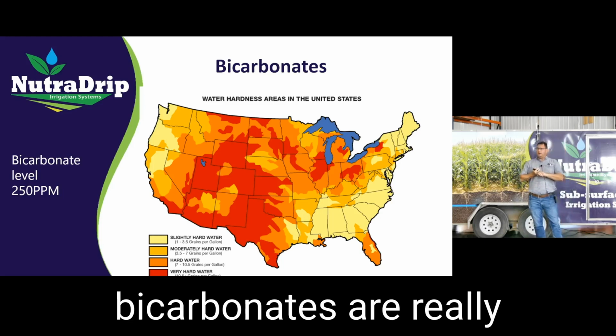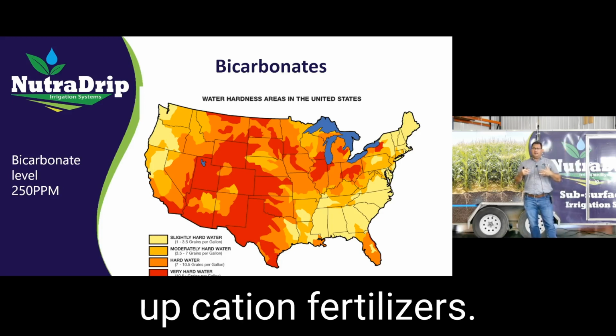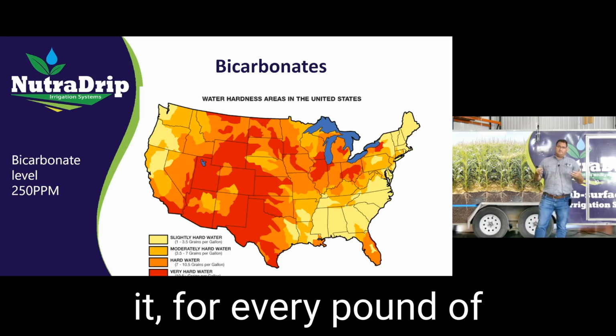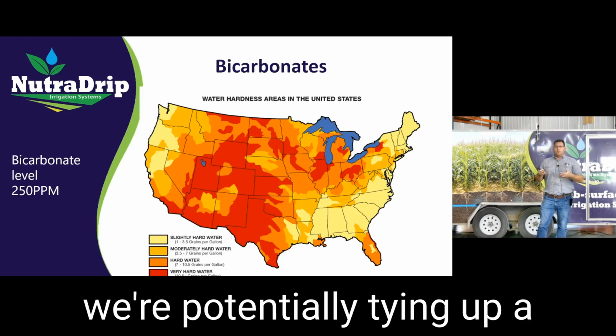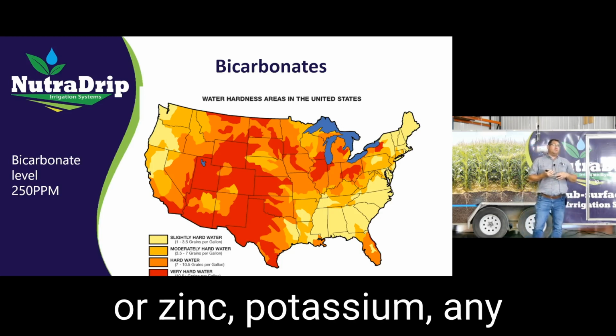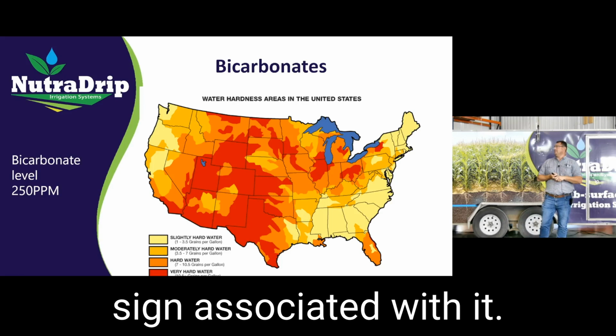And bicarbonates are really an issue for us because bicarbonates like to tie up cation fertilizers. And so when we put water on our fields that have bicarbonates in it, for every pound of bicarbonates we put in, we're potentially tying up a pound of cation fertilizer, whether that's ammonium or zinc, potassium, any fertilizer that's got a plus sign associated with it.